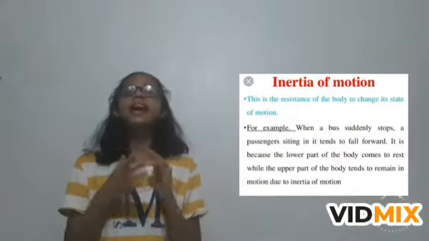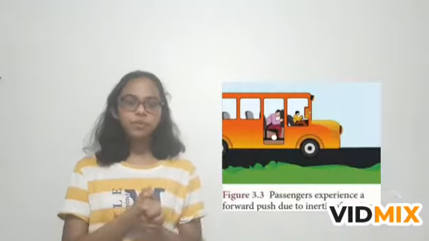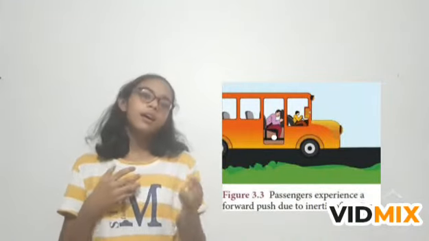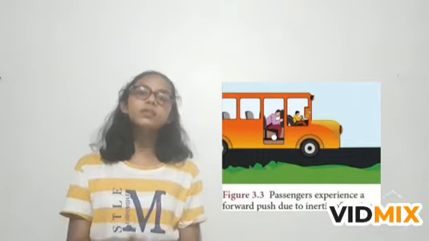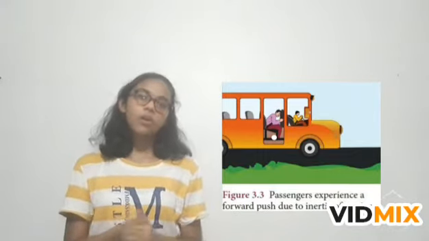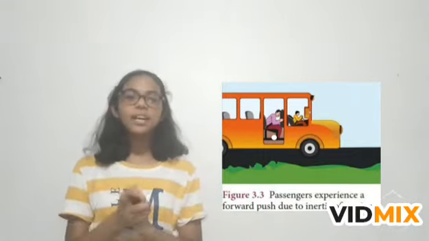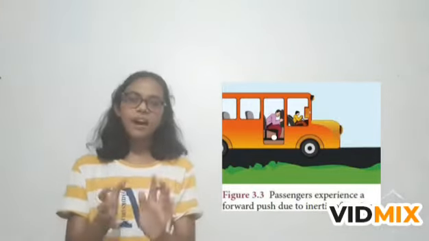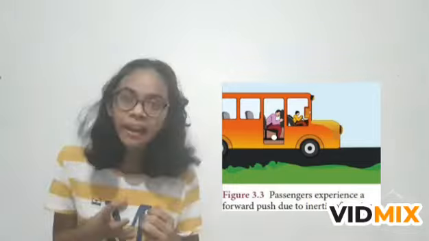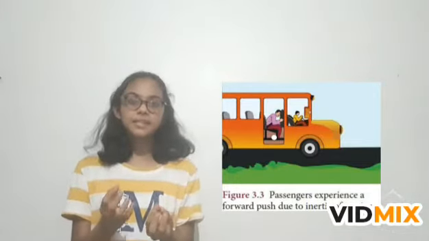तो हमारे पास इसका एग्जाम्पल भी है inertia of motion का, that if the car is moving, your lower part is in contact with the car और आपका upper part है वो contact में नहीं है कार के. अब जैसे ही कार सडनली ब्रेक मारी कार ने, आप सडनली आगे आए, बट why does it happen?